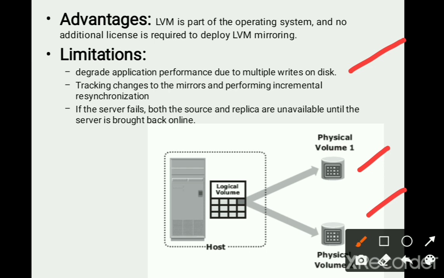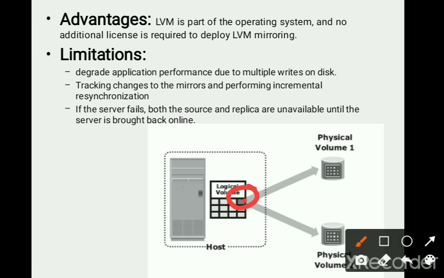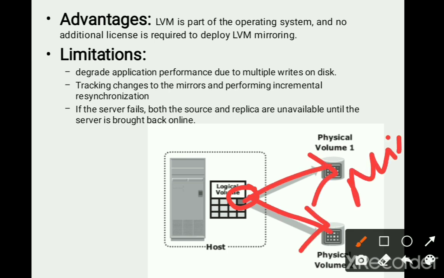The second one is, if there are changes in the data, at that same time we have to make sure that data is copied. Now if I change any data in this logical volume manager, then that same data has to be replicated. That means mirroring has to be done.